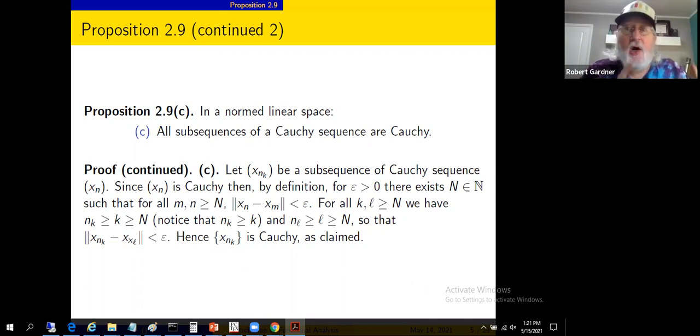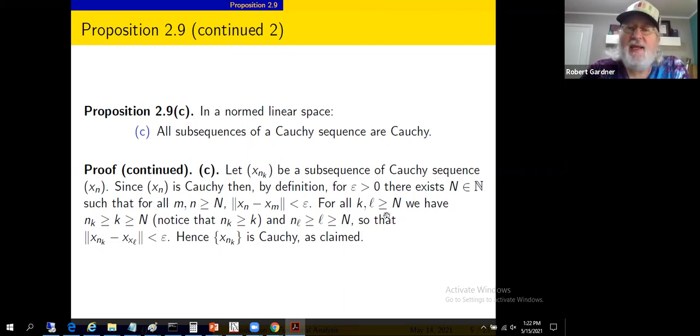If you did, all the subsequent terms are going to appear in positions further out in the natural numbers than their original positions. So that's what this means: n sub k is greater than or equal to k. The position of a term in the subsequence is further out than that entry was in the original sequence.